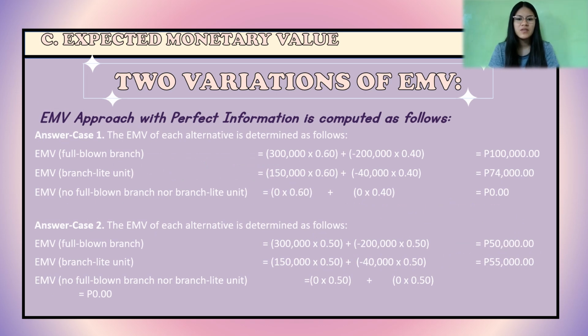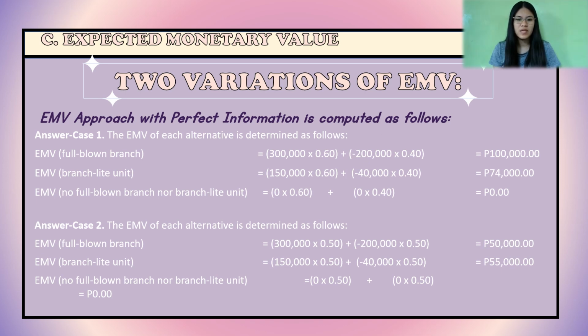Expected monetary value approach without perfect information is computed as follows. Ito yung sagot sa table kanina. Case 1, the expected monetary value of each alternative is determined as follows. Expected monetary value full-blown branch is equal to 300,000 times 60% plus negative 200,000 times 40%, which is equal to 100,000 peso.